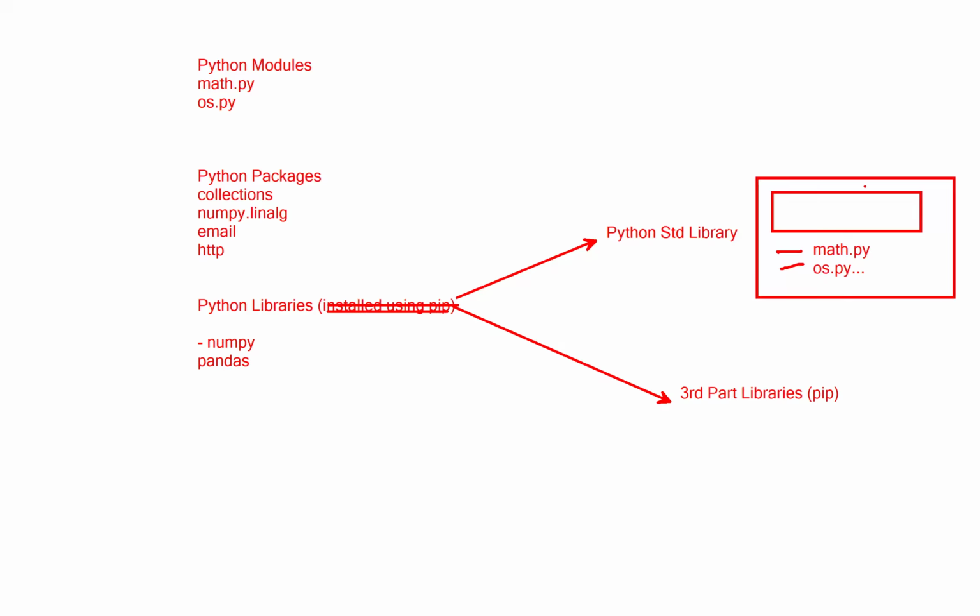And it can contain packages also. Some examples of packages inside the Python standard library are collections, and then we have email, HTTP. These are some of the packages contained inside the Python standard library.